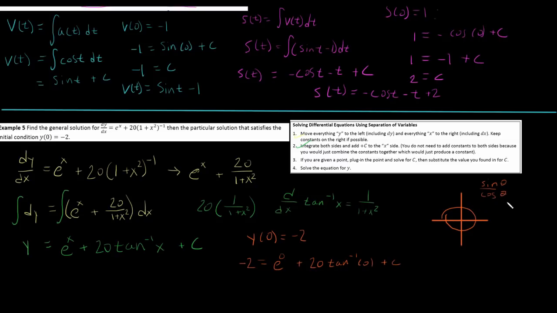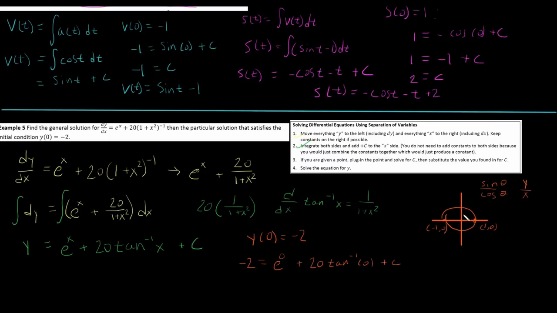And on the unit circle, the sines are the y values and the cosines are the x values. So tangent is y over x. So where does y over x give us 0? It's wherever y is 0. So it's at 1, 0, and -1, 0.